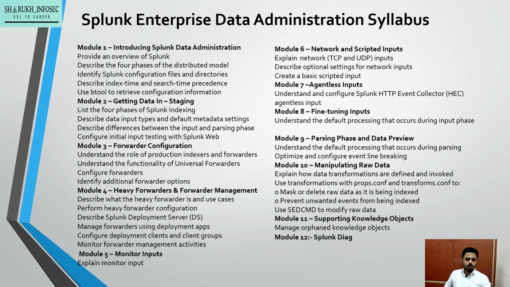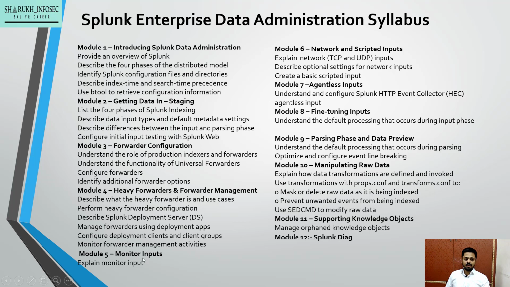Then in module 2, getting data into Splunk, all the 4 phases will be explained to you, and the metadata, how the data travels inside Splunk. Then we are going to see the forwarder configuration, the important files, the additional parameters, the acknowledgement parameters if data is not sent. And then we are going to see the heavy forwarder configuration, how it is configured, and also the deployment server in module 4.